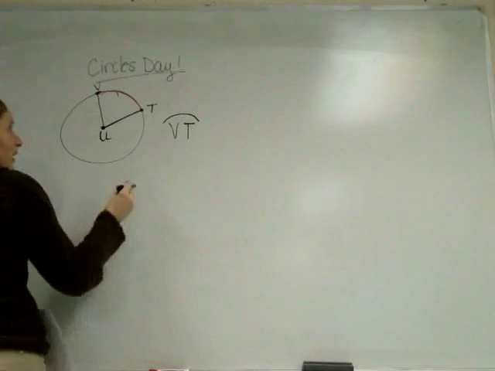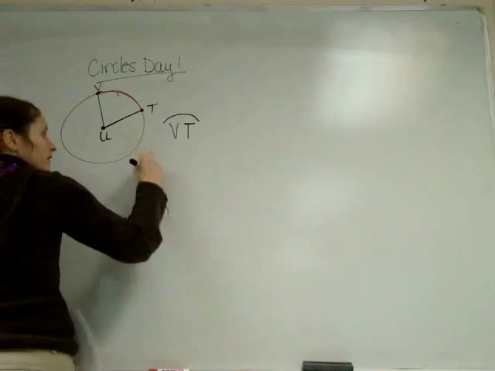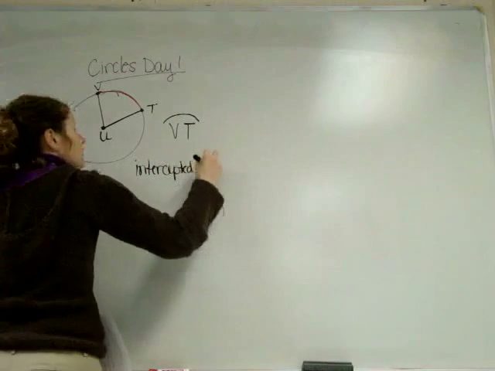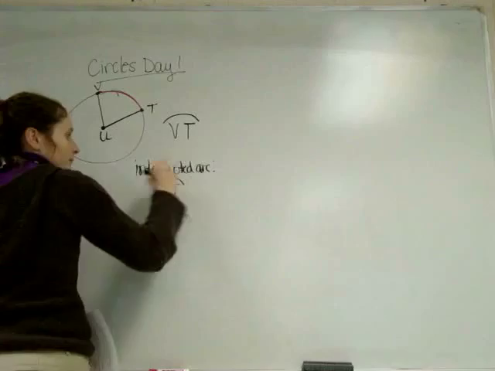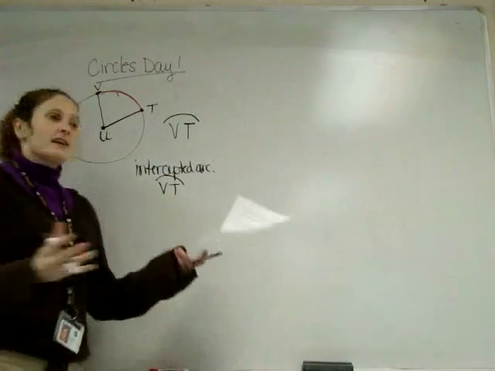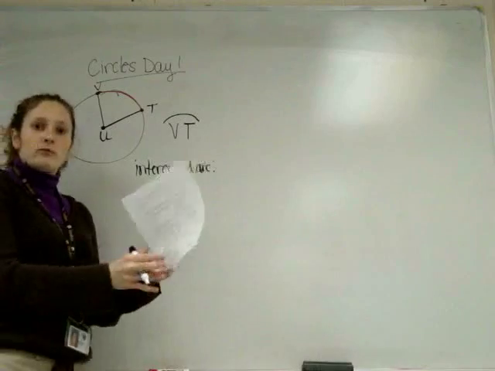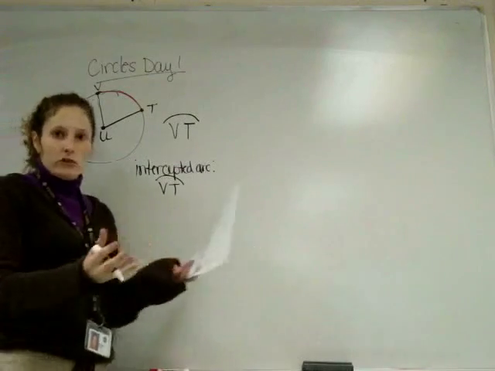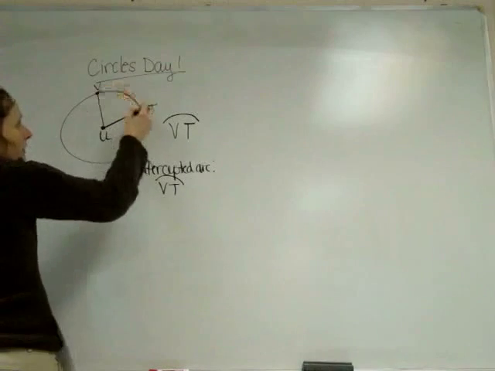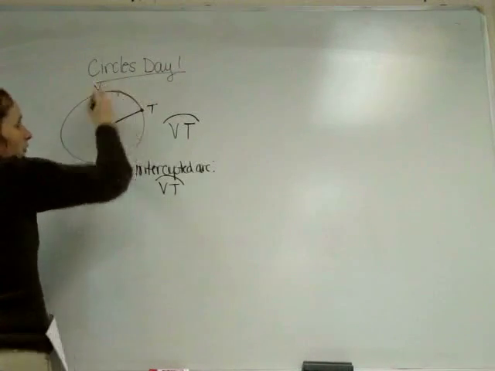So in this diagram, our intercepted arc is arc VT. Okay, I always like to think about football. Shocker. In football, you make an interception, you want the ball to be between your hands so you can make that interception. In geometry, we want the arc to be between the sides of the angle to be our intercepted arc.